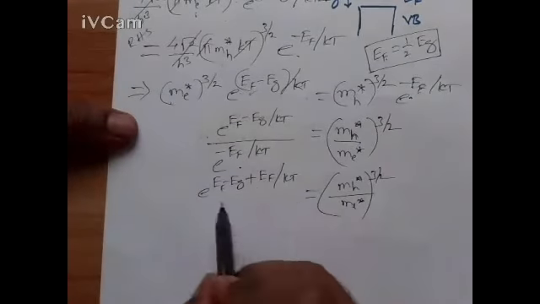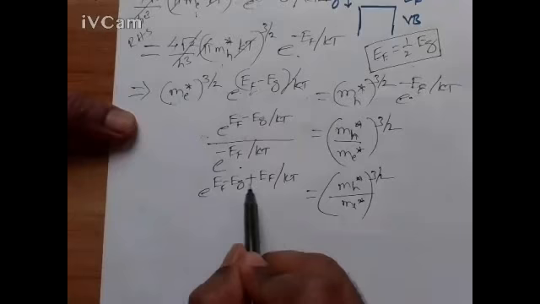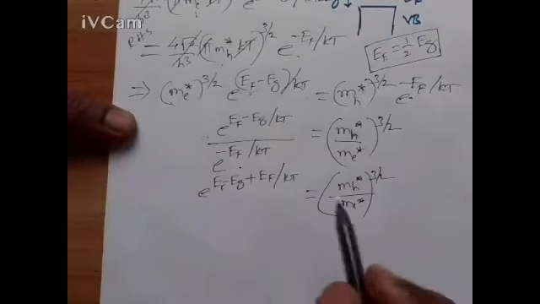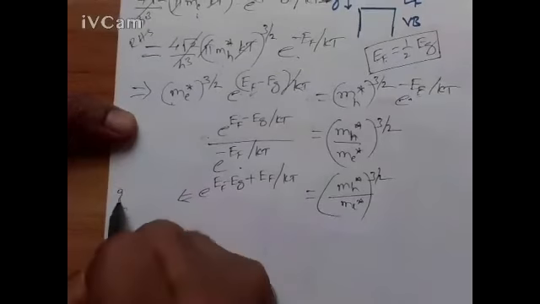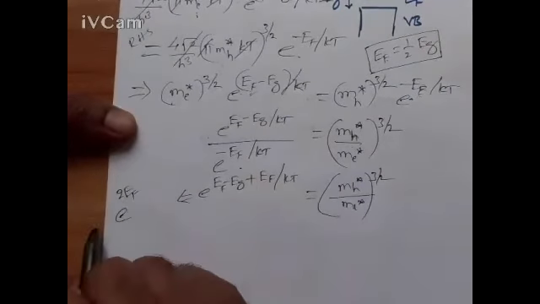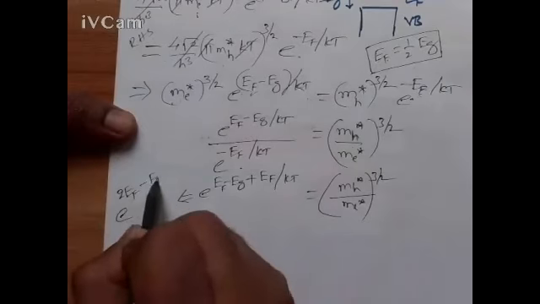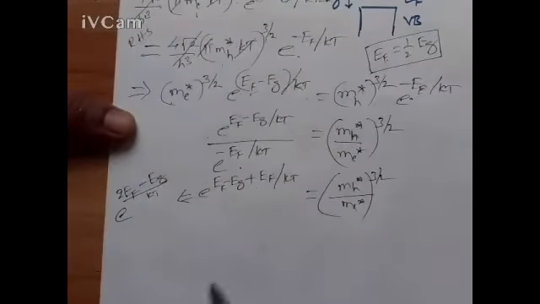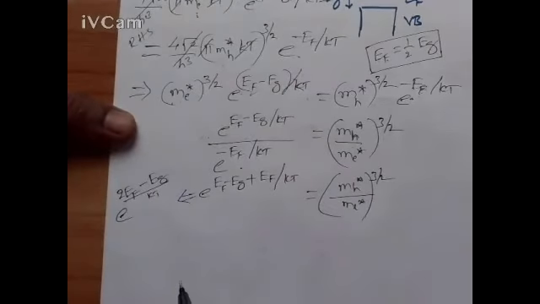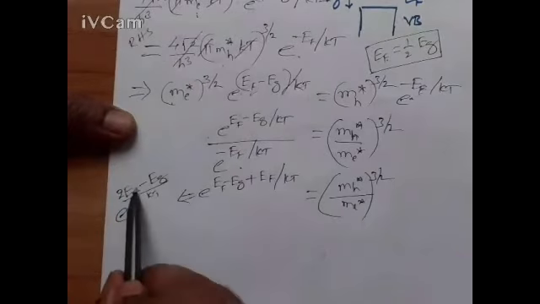So this will be 2EF divided by kT. Let me write that this side: e to the power 2EF minus Eg divided by kT is the answer for this. Now what I'll do is I'll take ln both sides, because I want this EF.